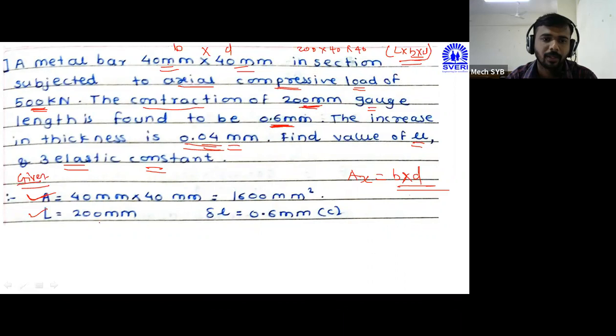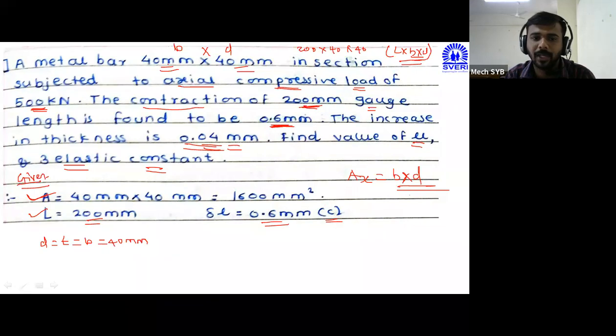Original length is given as 200. Change in length is given as 0.6, with capital C in brackets meaning it is under compression. Thickness capital D is equal to capital T is equal to capital B is equal to 40 mm, because both dimensions are the same.